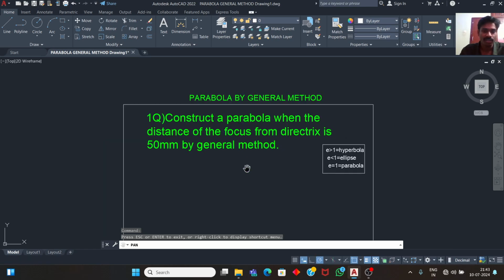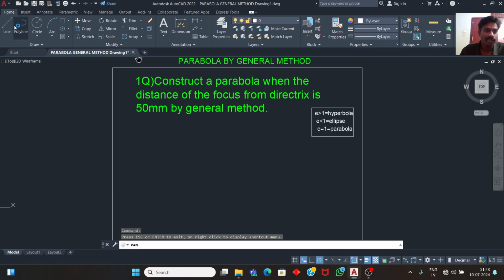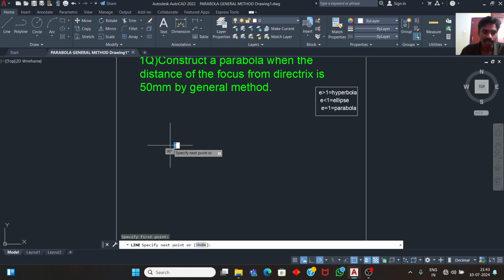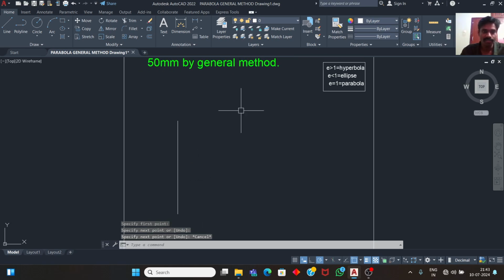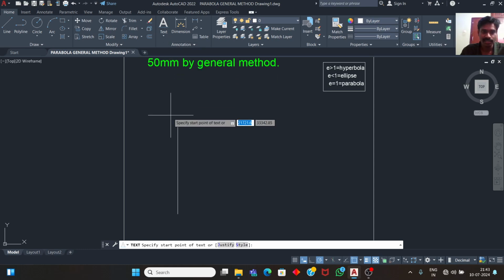First of all, take the line command. Draw a line. This is the fixed line. This line name is directrix. Give the notations by using the single line text. Click where you want and enter the text height, that is 5.